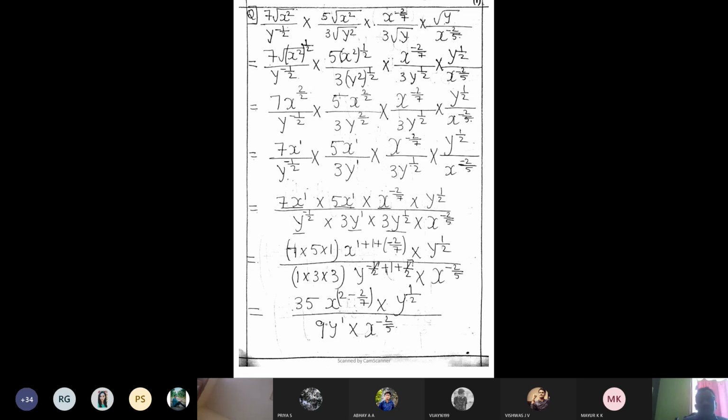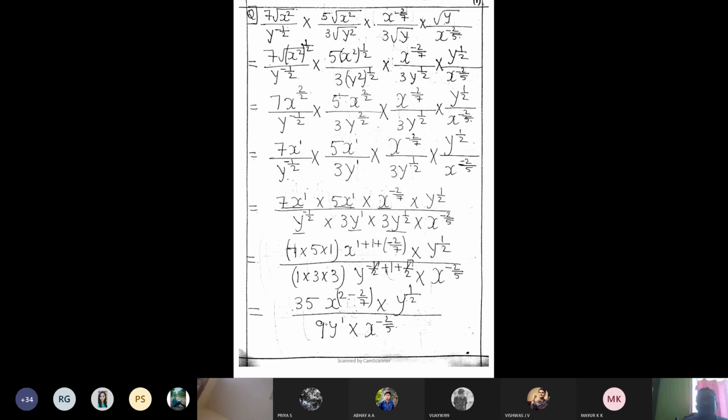If you do this third step, you will get x to the power of 2 to the power of half. Using x to the power of m to the power of n equals x to the power of mn, fourth law, that becomes 2 by 2. You can cancel this. Similarly here also, x to the power of 2 to the power of half, 2 by 2. The 2 and 2 get cancelled. You will get power 1 here.